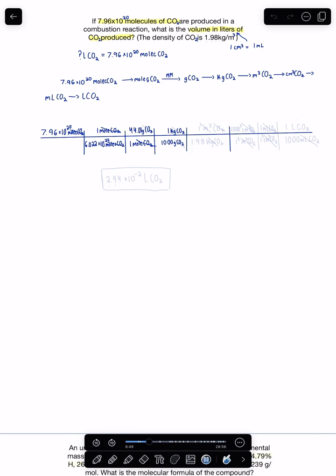So that is 1.98 kilograms in 1 meter cubed. Okay, and since we know how to convert from meters cubed to centimeters, that's what we're going to do here. We also don't want to forget to still be using our units here.